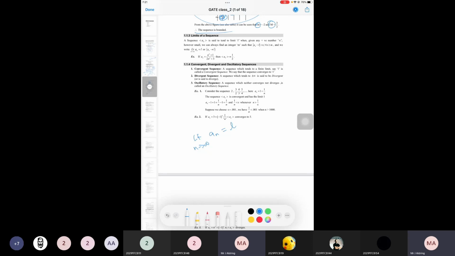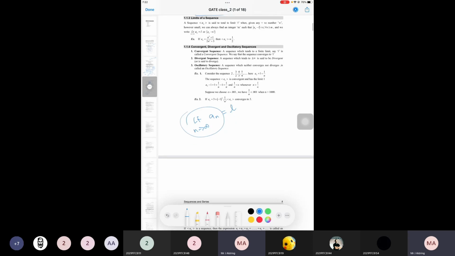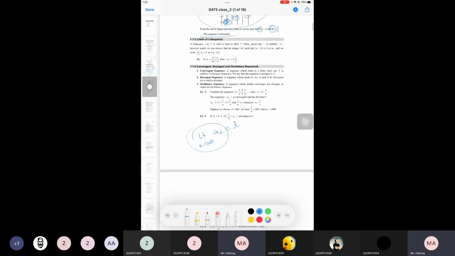Then that is the limit of the sequence. Here the given example is a_n equal to (n square plus 1) divided by (2n square plus 3). If you apply the limit to that sequence, you will get 1 by 2. That is the concept here.